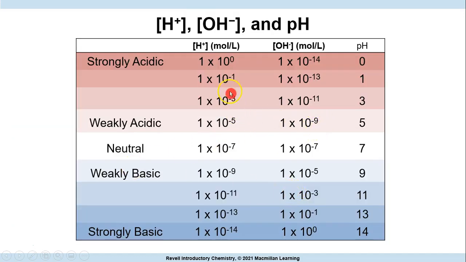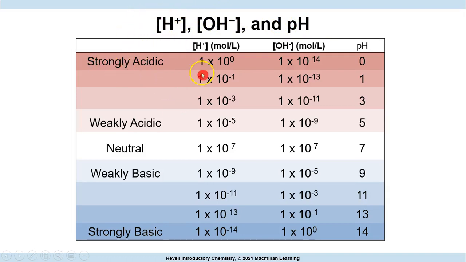So let's look at hydrogen ion concentration, hydroxide ion concentration, and pH. Remember, we said pH is minus the log of the hydrogen ion concentration. So each time you are talking of pH, you are talking of hydrogen ion concentration.